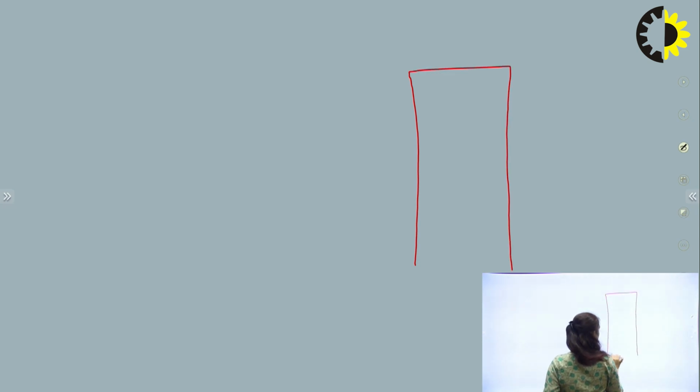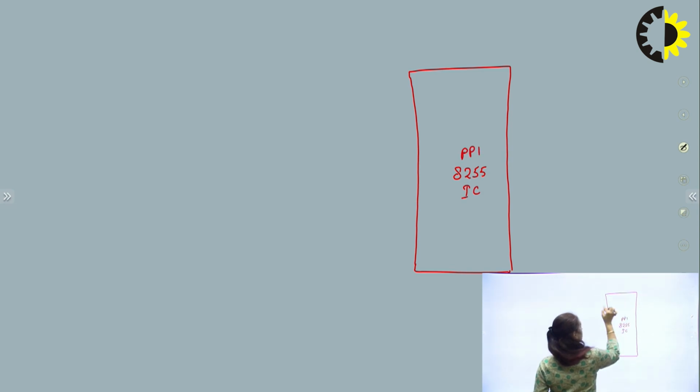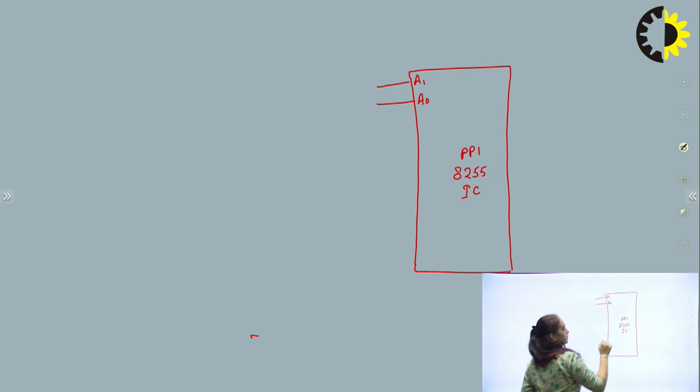So we have this 8255 IC. Here we have A1, A0, the address lines.